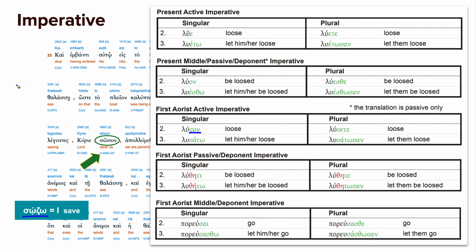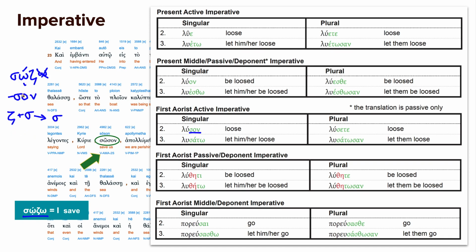Now here we have sozo, and then you change the ending, you take off the omega, and you change the ending to son. Now, when you have a zeta plus a sigma, this is going to become just a sigma. All right, it's kind of like you soften the zeta.